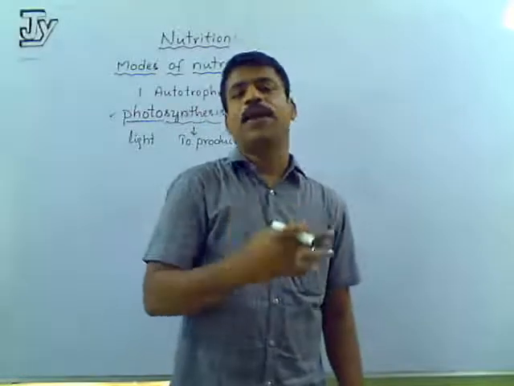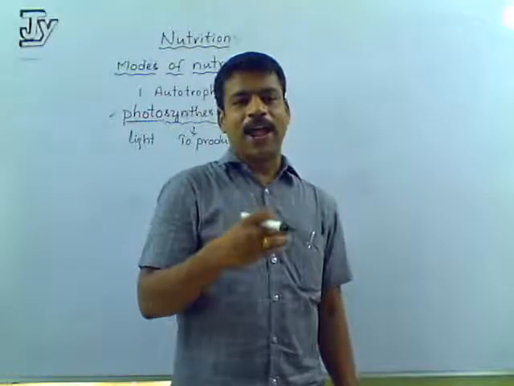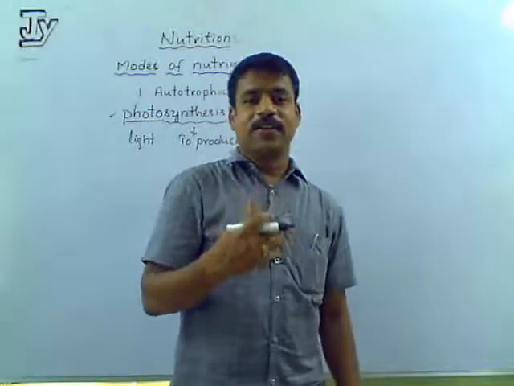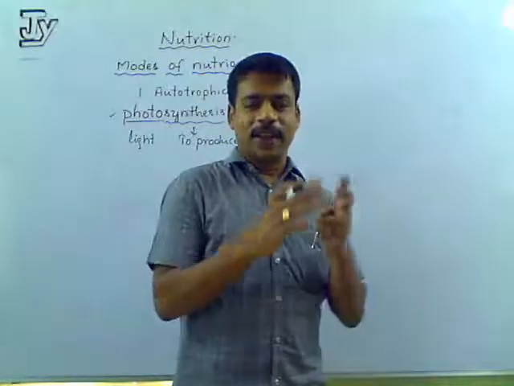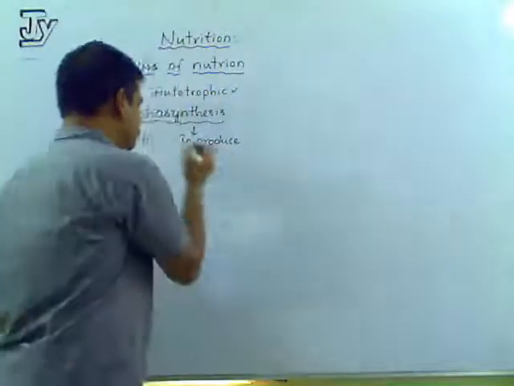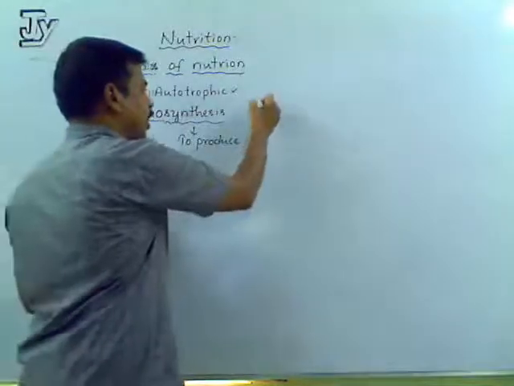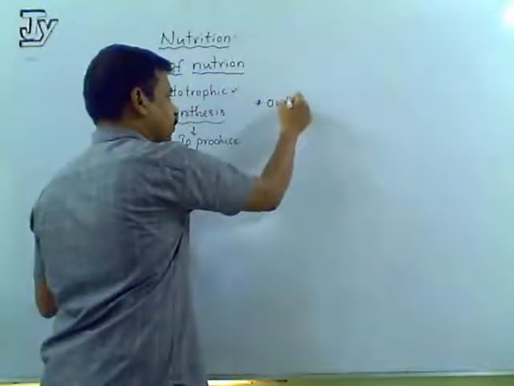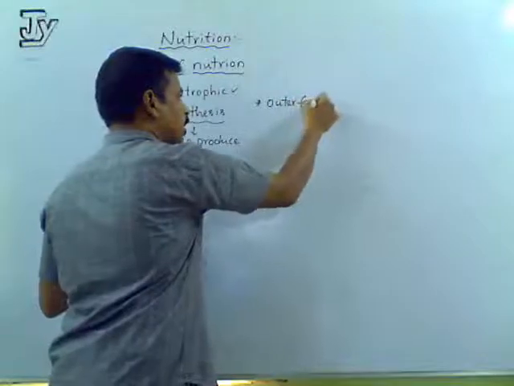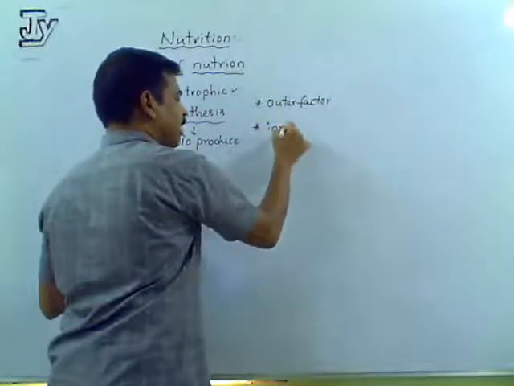Green plants cannot move from one place to another, so a plant must get its factors in a particular place. Mainly two kinds of factors are involved in photosynthesis: one is outer factors, and the second is inner factors.